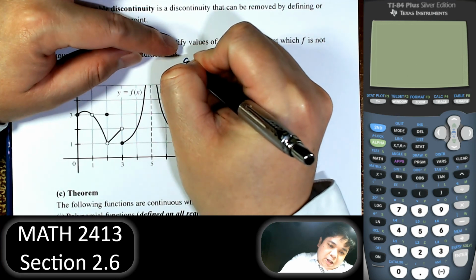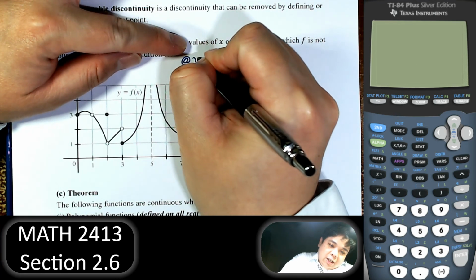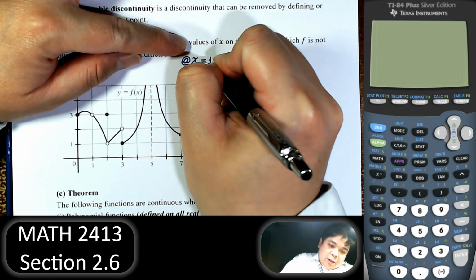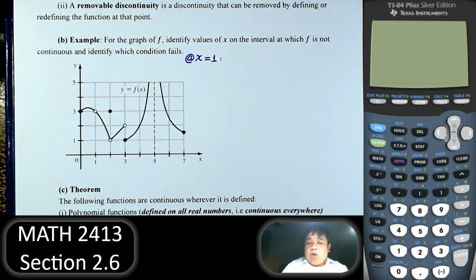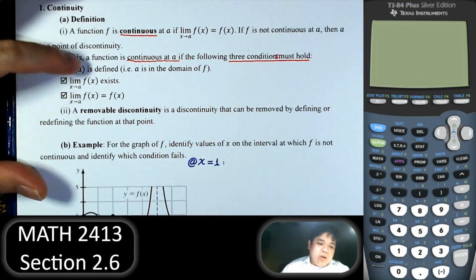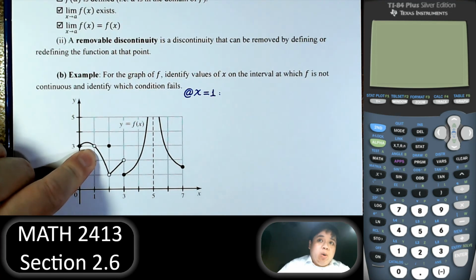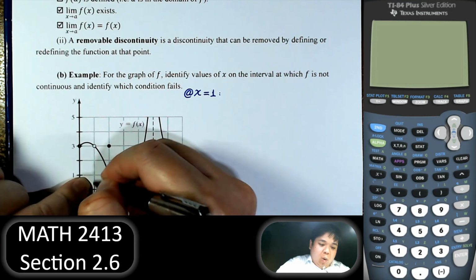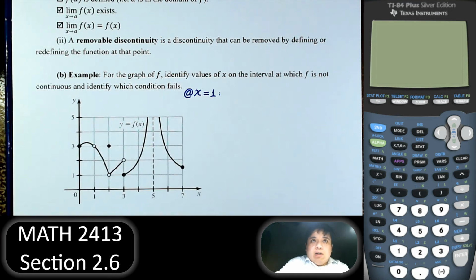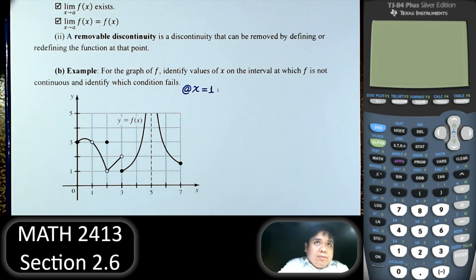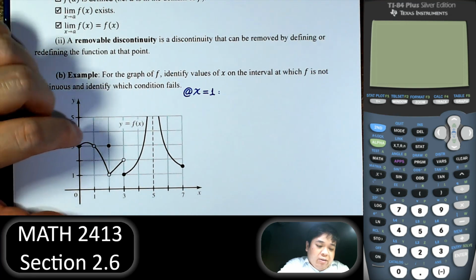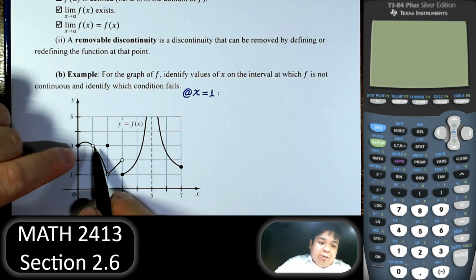At x equal to 1, why is it not continuous? Let's check those three conditions. Is the function defined? That would be no, because at 1 there's no point corresponding to that on the graph. So the function is not defined.